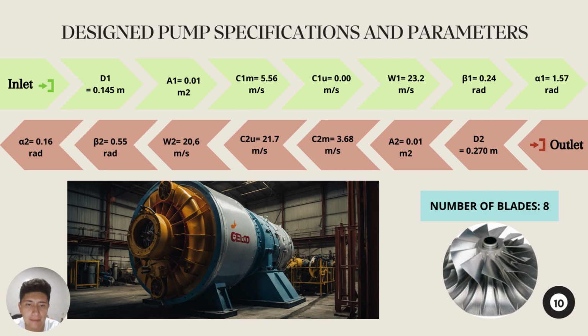In order to make the simulation, we first need to make the 3D CAD model. That's why we need the following measures to make the right modeling of the 3D CAD model. So we decided to use D1 equal to 0.145 meters, which was the inlet diameter, and D2, the outlet diameter, with a value of 0.270 meters.